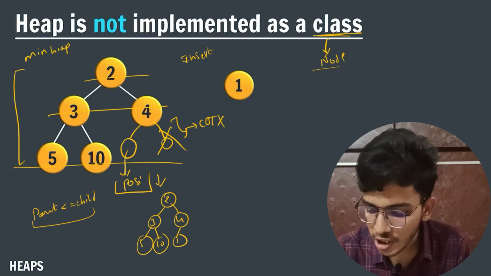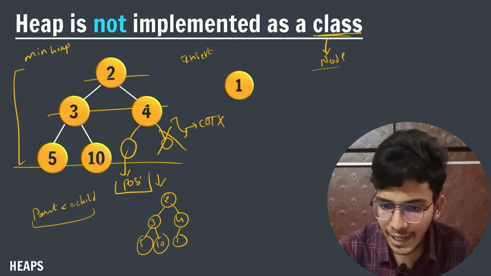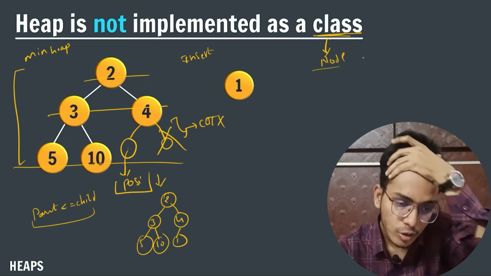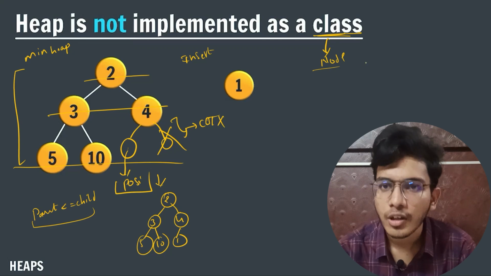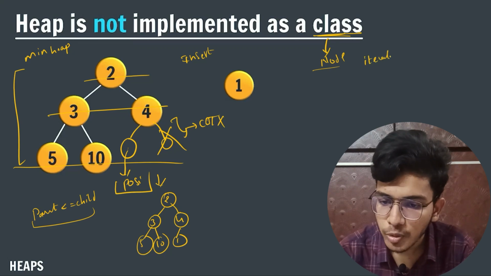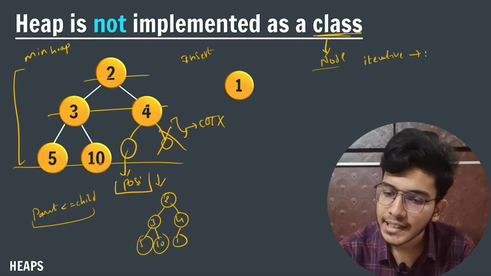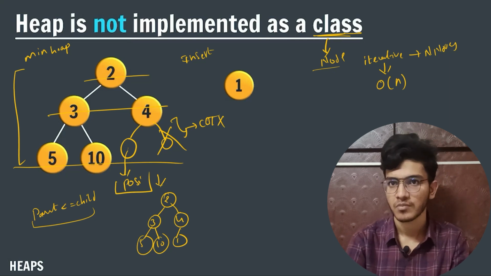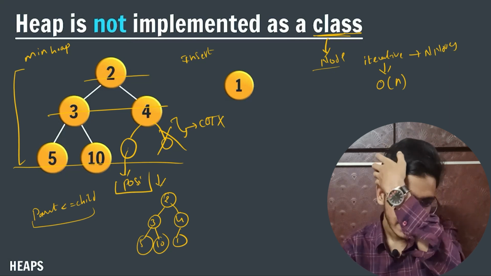So this iteration, iterative or recursive, whatever the function I am creating, this thing is fixed. I need to iterate at each and every node. Let's say I am having n nodes, then this iteration process will take big O of n time, right?